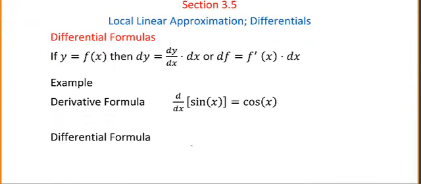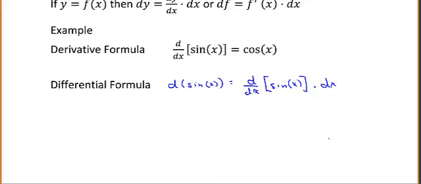Let's take a look at a few other formulas that we can write this way. The derivative of sine is cosine. So we can talk about the differential of sine, and the differential of sine is the derivative of sine of x with respect to x times dx, and the derivative of sine is cosine, so that'll be cosine of x times dx.